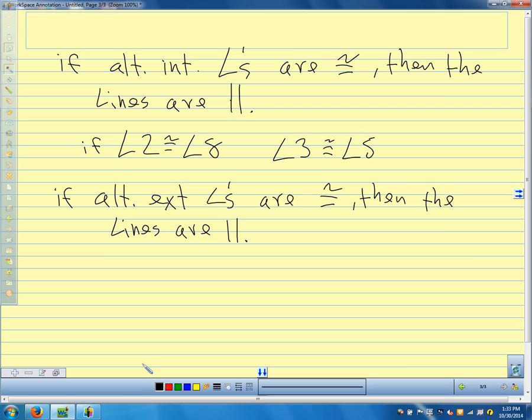All right, and what are our alternate exterior angles there? Angle 1 and angle 7. And then on the other side, angle 4 and angle 6. If either of those two pairs of angles are congruent, then that guarantees us that the lines are parallel.